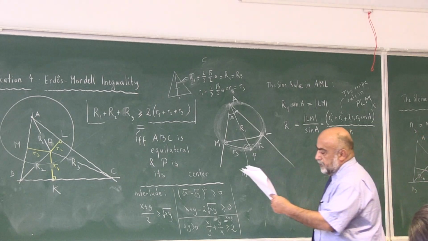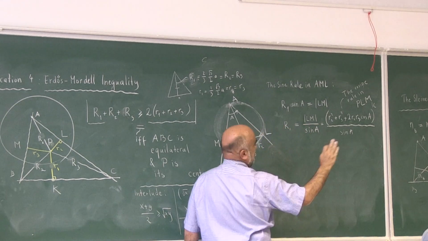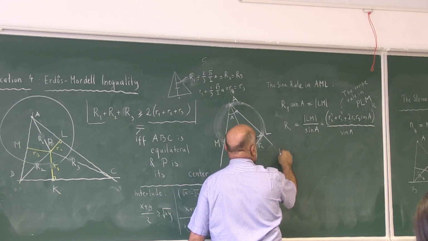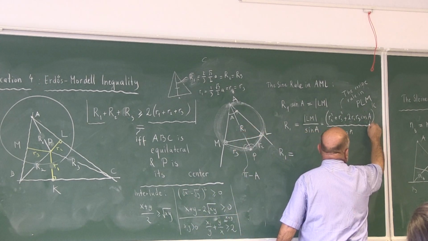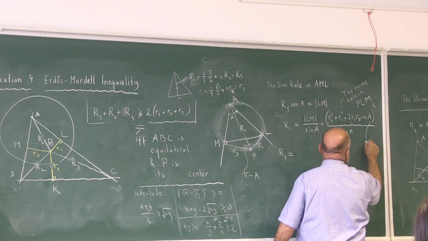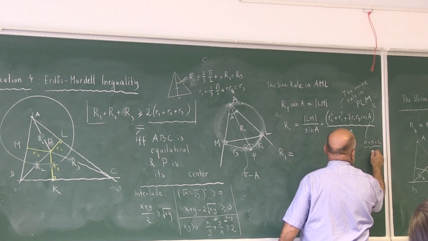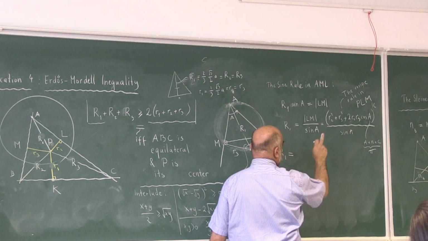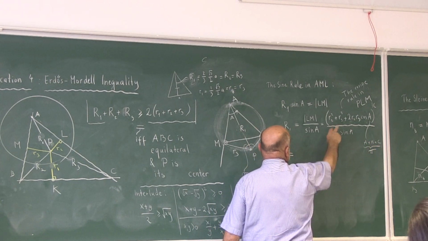Now look, some tricks. So R1 is equal to... now I shall replace A. I know that A plus B plus C makes up pi, so instead of A, I shall take pi minus B minus C. So this will change sign again.